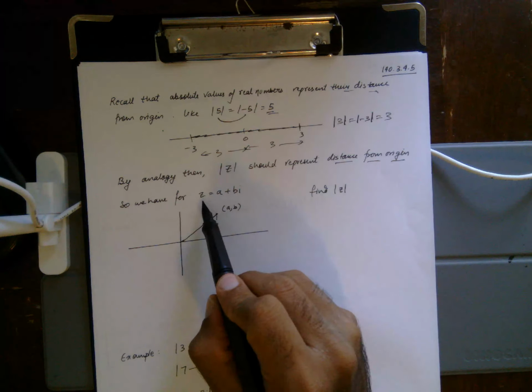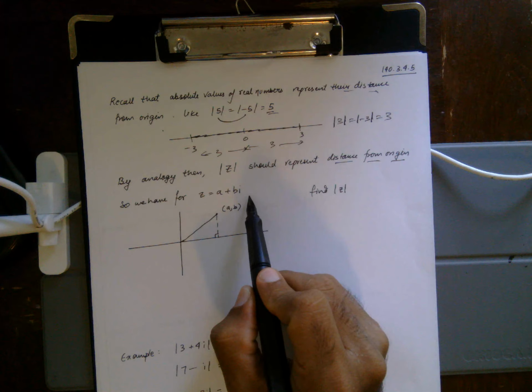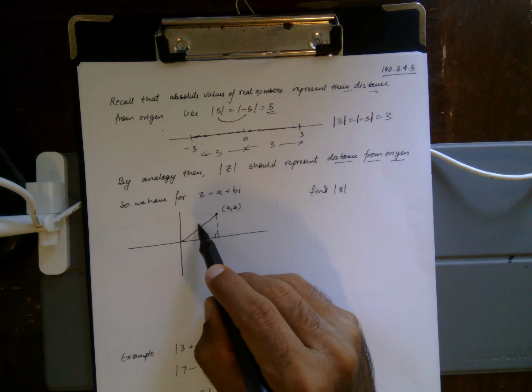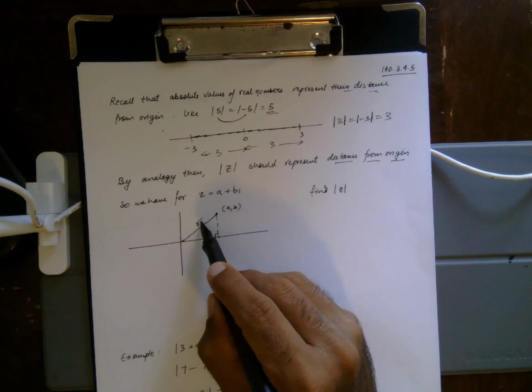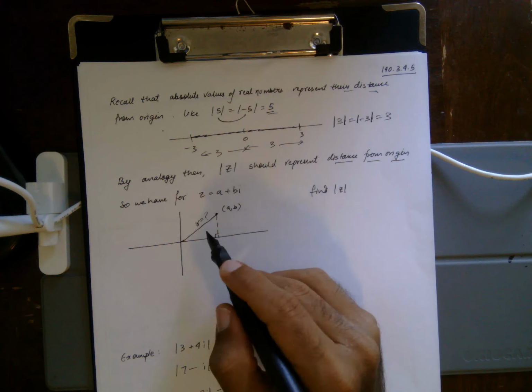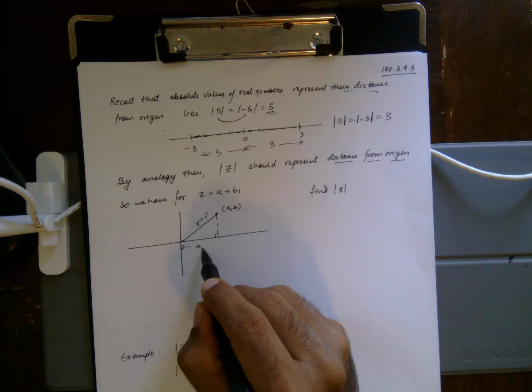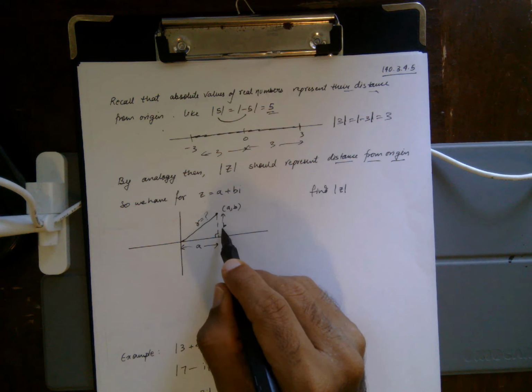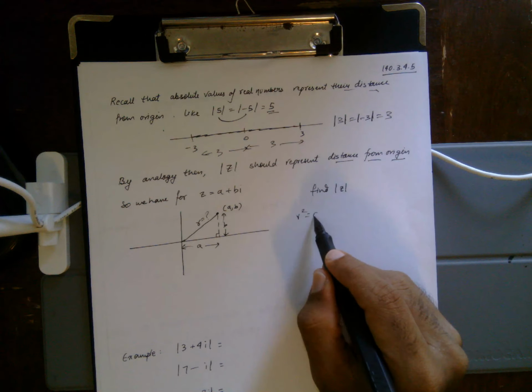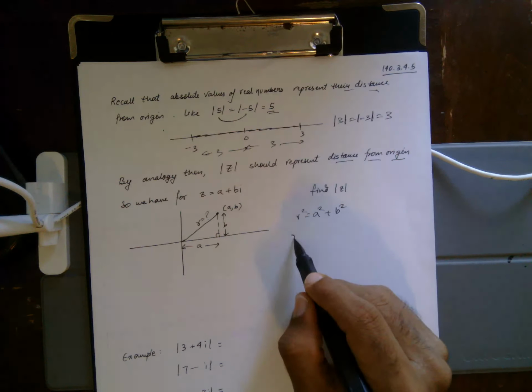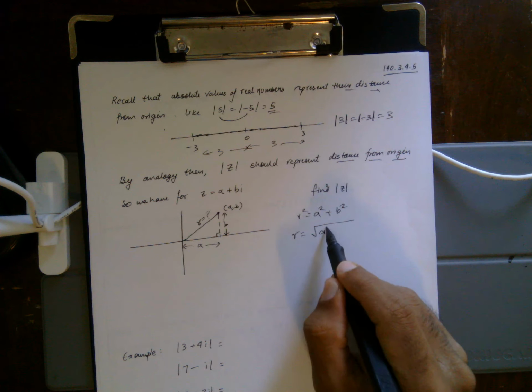So if I take any complex number, a plus bi, that's the point. What is this distance? Oh, we have done this a few times now. If this is (a, b), this is a, and this is b. And r squared is exactly a squared plus b squared. So the distance is that.